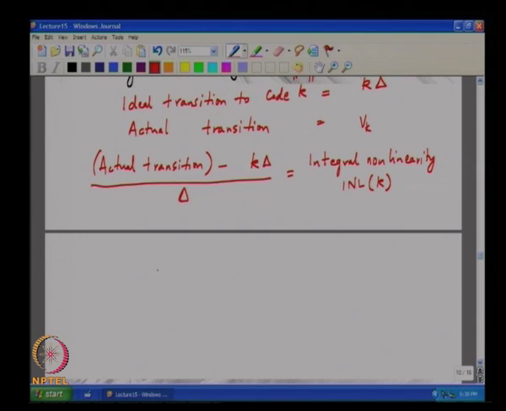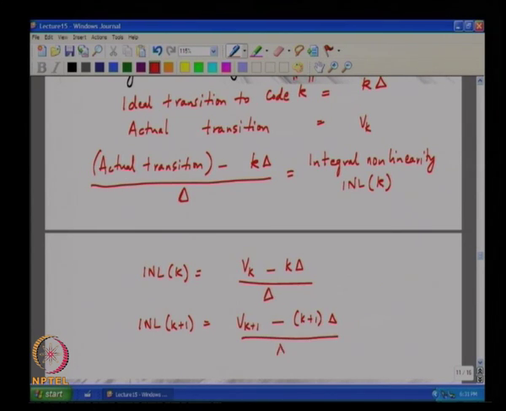Okay. So, this for example INL of k is nothing but, if I talk about everything normalized to delta, then this is the actual transition, which is V k minus k delta divided by delta, and INL of k plus 1 is what? V k plus 1 minus k plus 1 delta divided by delta.